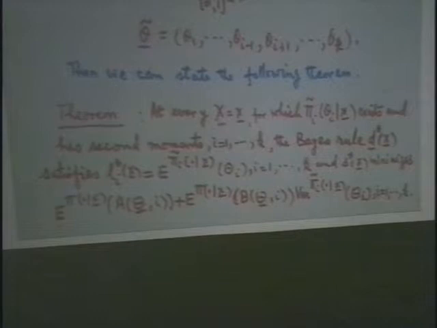Then the theorem that we have proved is as follows. For every x equal to x for which this quantity exists and has second moments, the Bayes rule d star x is given by L star x.